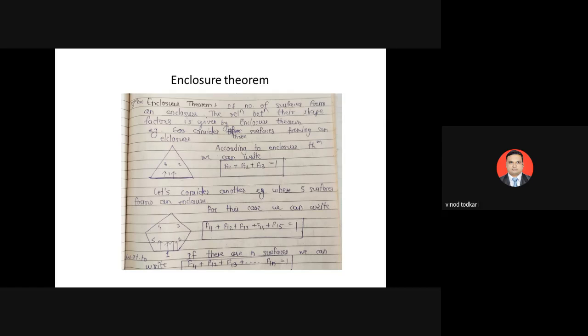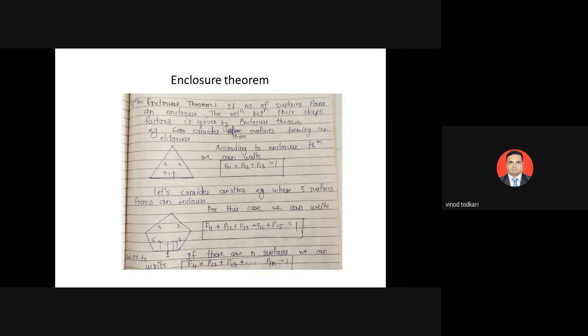So instead of 3, if there are 5 surfaces, what can I write? I can write F11 plus F12 plus F13 plus F14 plus F15 is equal to 1. Why have I stopped at 5? Because 5 surfaces are there. If there are n surfaces, the general equation is F11 plus F12 plus F13 up to F1n is equal to 1.